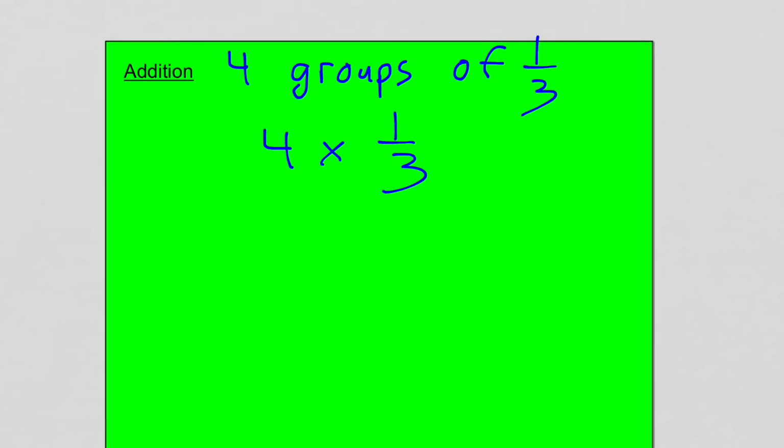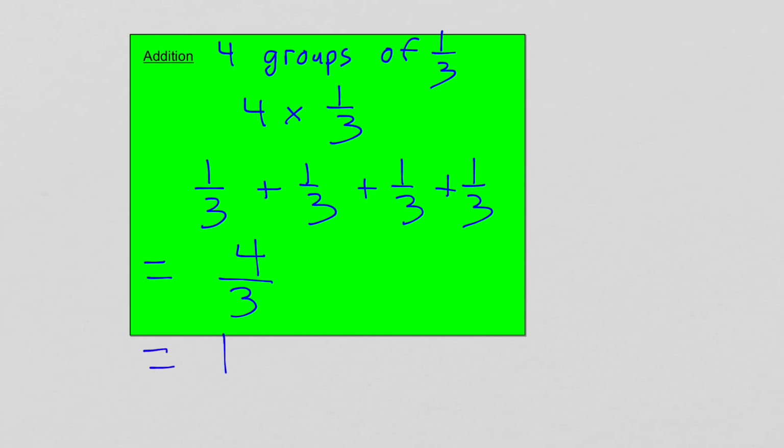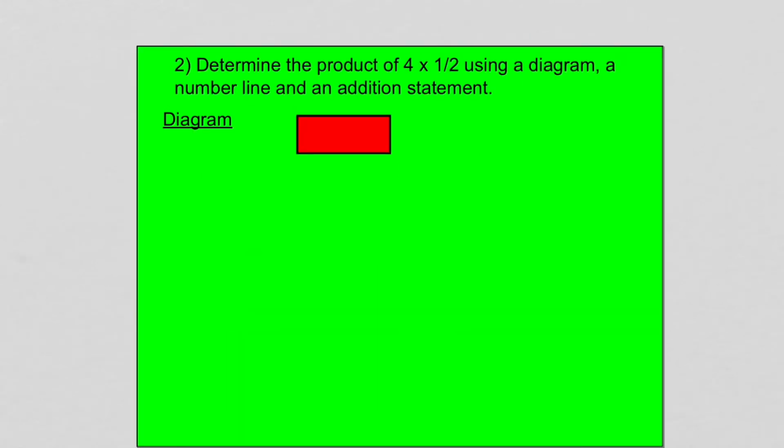As addition, that would mean 1/3 plus 1/3 plus 1/3 plus 1/3. And we already know about adding fractions, right? The common denominator is 3. We add up 1 plus 1 plus 1 plus 1, and we get 4/3, which equals 1 1/3, because 3 goes into 4 one time, remainder 1 out of 3. So we could think of multiplying fractions like that.